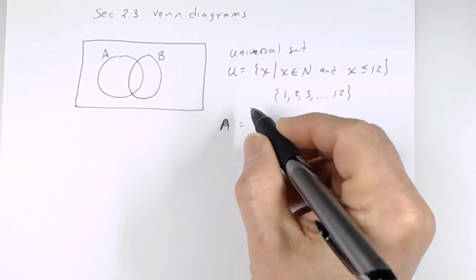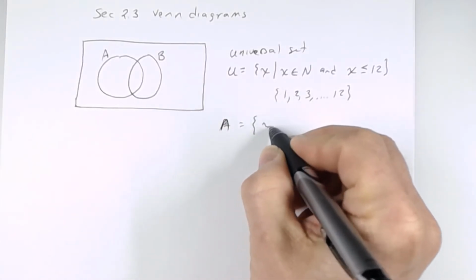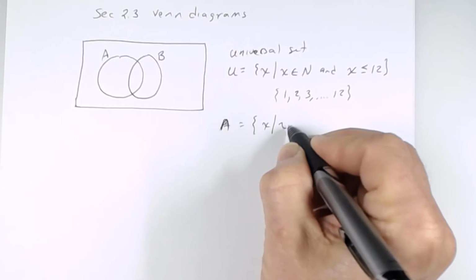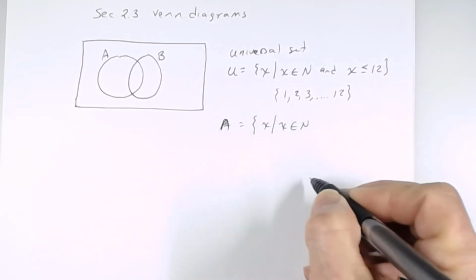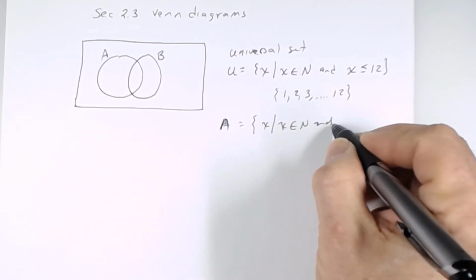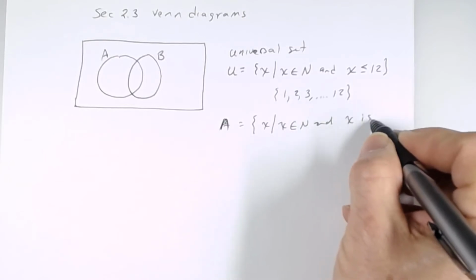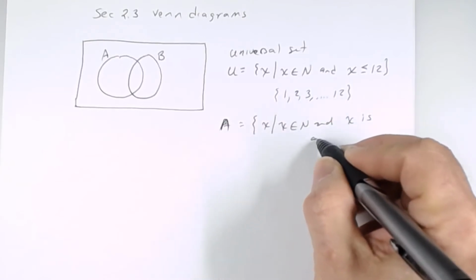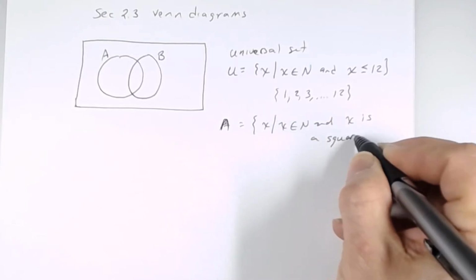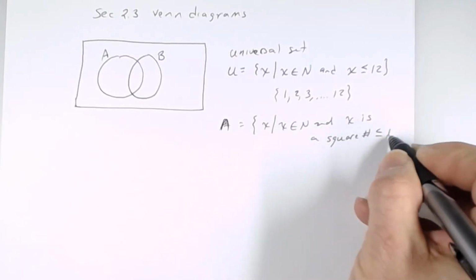So let set A be this now. Set A is a set of x's such that x is a natural number and x is a square number less than or equal to 12.